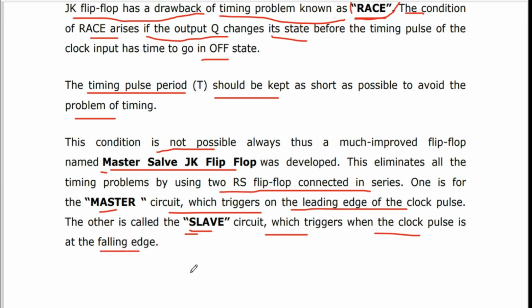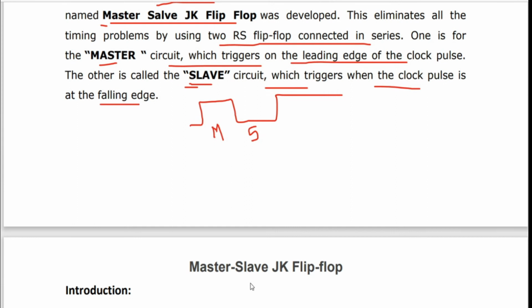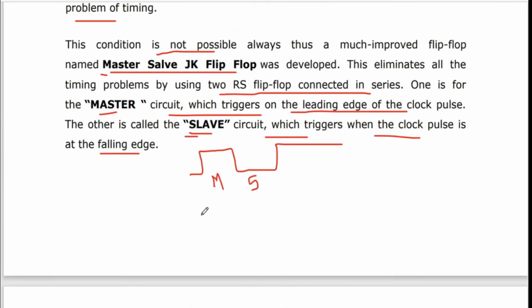So on the positive edge of the clock pulse, the master is going to be active and perform the necessary operation. On the trailing edge of the clock pulse, the slave is going to be active. And to design this master slave, we require two SR flip-flops.